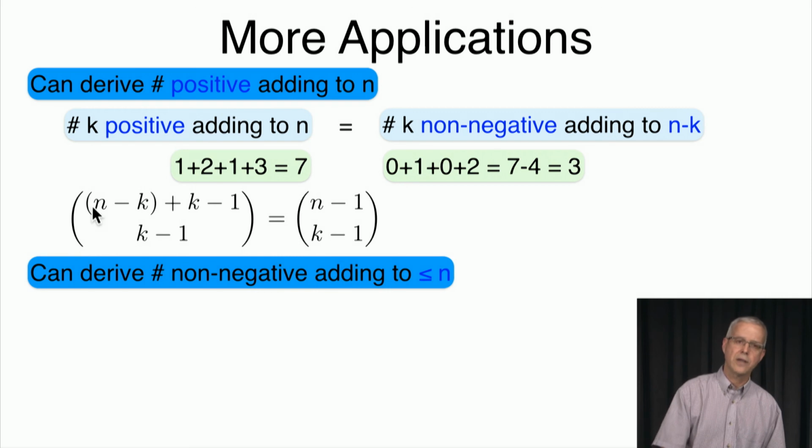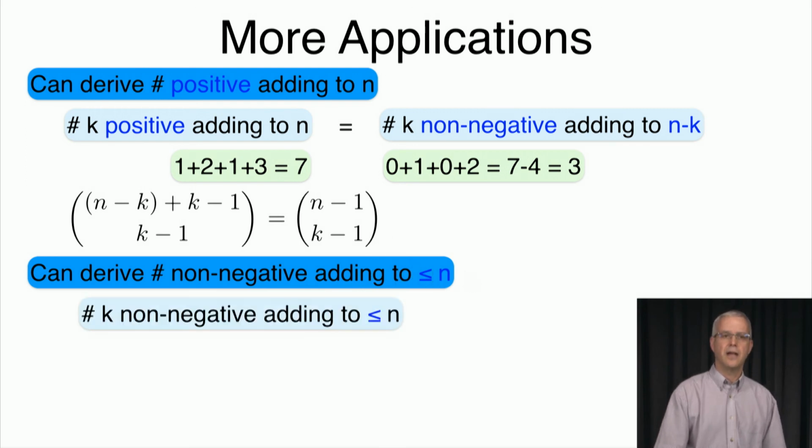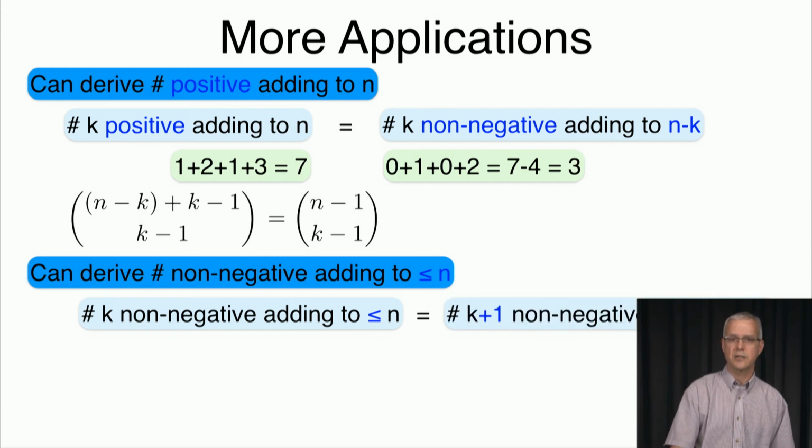Also, we can derive the number of non-negative integer sums that add to at most n. The reason is that the number of k non-negative sums that add to at most n is equal to the number of k plus 1 non-negative sums that add to exactly n.